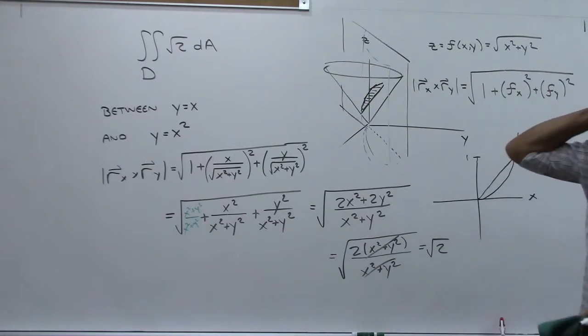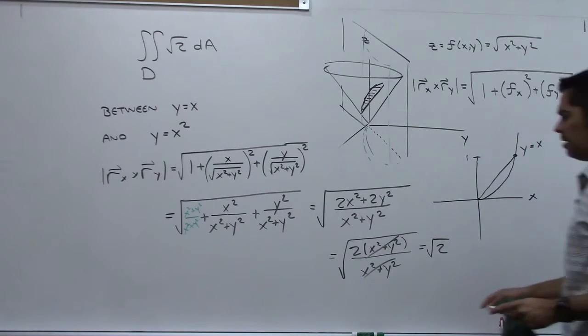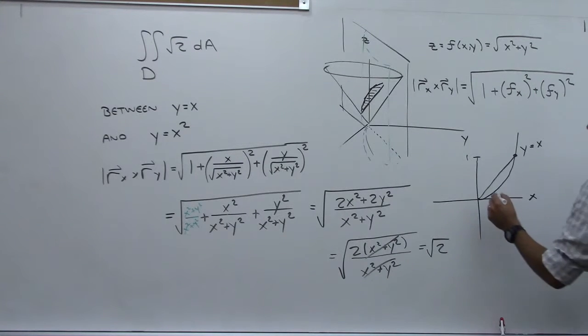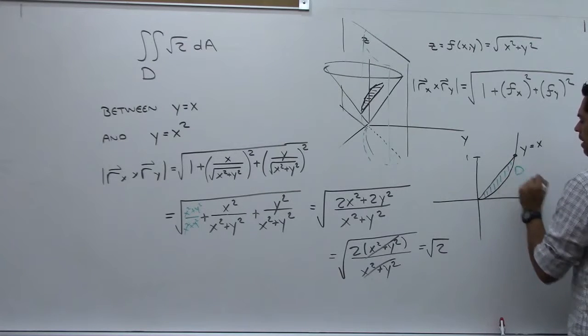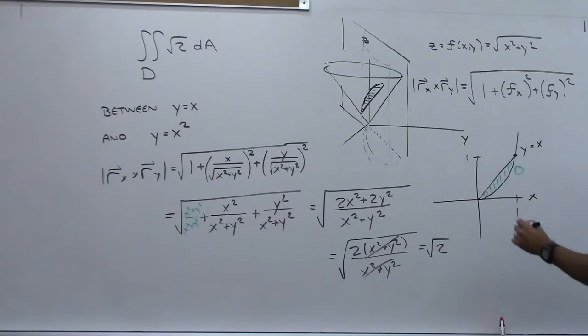And I just need to find some way of representing my region D, which are the restrictions on x and y. Well, the restrictions on x and y come from this region in here, D, right? Because it was just where these two curves intersected the cone up here. So this is a type 1 region. It's going to go x from 0 to 1.